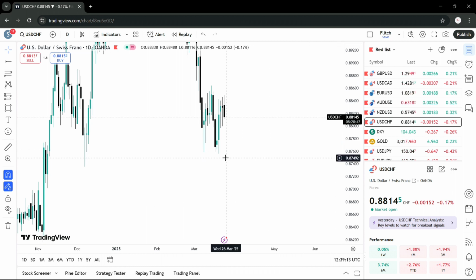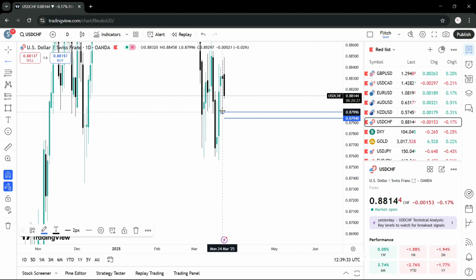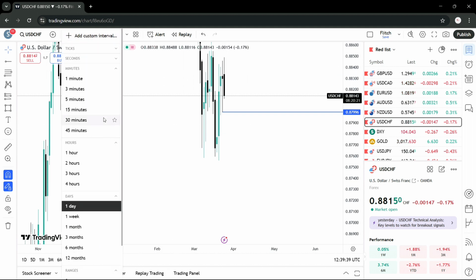My eyes are not really on this pair because it looks like it's in a consolidation phase, but we can obviously see it went for that previous daily high, and then we can see it aiming for that liquidity pool right here on the low. So I'll be looking for an opportunity to sell this market to the downside if my criteria for a sell are met.